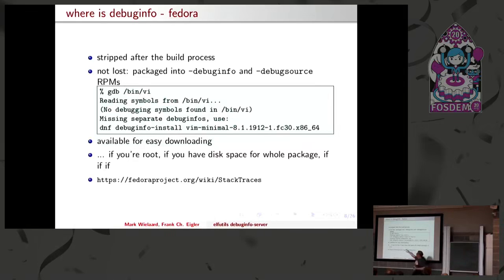As you can see, GDB just says, well, just dnf debuginfo-install that package, and it even gets all the dependencies, and so Vim might rely on glibc, so it also pulls in the glibc debug info. So it just works, except you have to be root to install it, and it's pretty big, so you have to have the disk space.